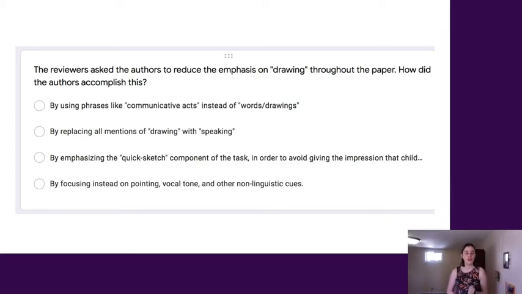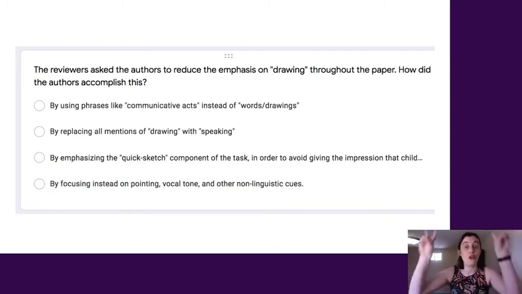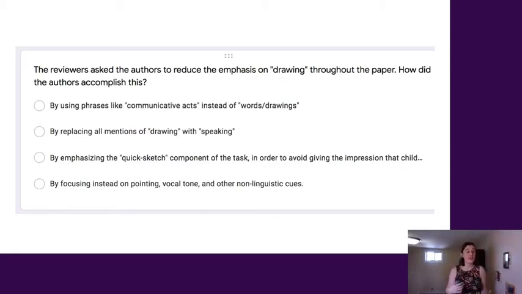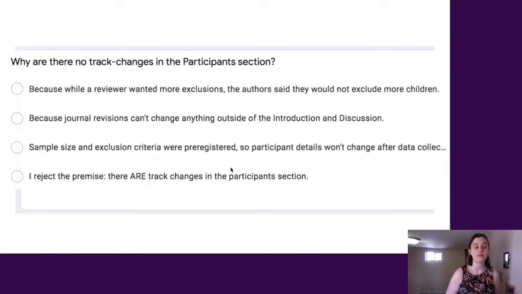So here it says, the reviewers asked the authors to reduce the emphasis on drawing throughout the paper, and critically, one of the conditions was called the drawing condition, so this had a big impact on the method section. How did the authors accomplish this? And I give 4 changes that really happened in the paper. And the students need to connect the dots. They need to figure out which of those 4 changes actually addressed that particular methodological concern.